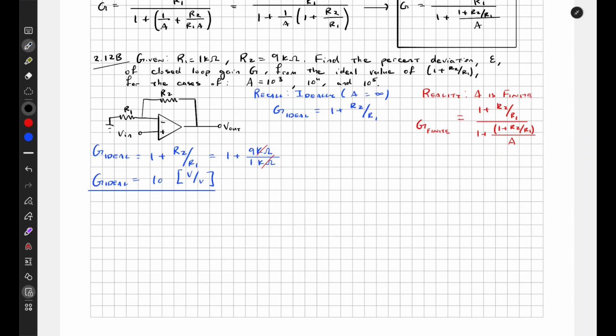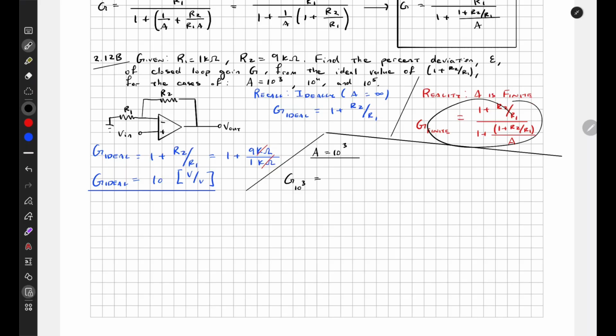Okay, so case 1. Let's draw some so we don't confuse. Case 1 is when A is 10 to the third. Now let's solve for G. Let's call this G of 10 to the third case, and we use this equation here.